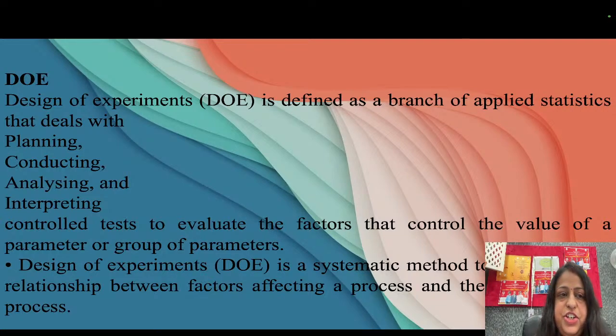Design of experiment, what is this? As we know, when we go for the formulation of a dosage form, we have to go for a number of trials, and this process becomes very tedious. So to make it convenient as well as to reduce the number of trials, we have to adopt optimization techniques, and one of these is design of experiment.